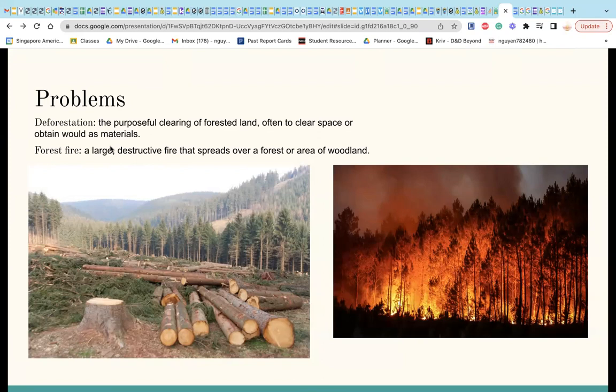Or people smoke and leave their cigarettes out in the woods while it's dry, or it just catches fire because it gets so hot.